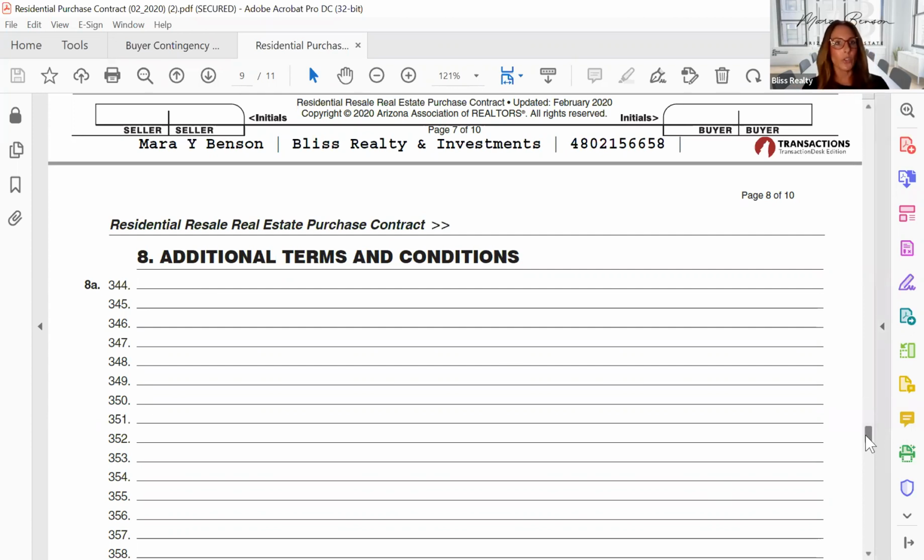So anytime I'm doing a counter or an addendum, I just reference the line item and then what I'm going to change. Is it the dollar amount? Is it a date? Is it the company? There's no need to write everything. Just reference the line items and then what it is.